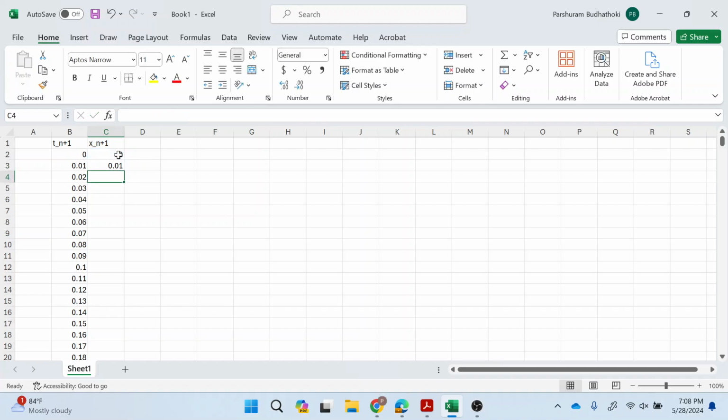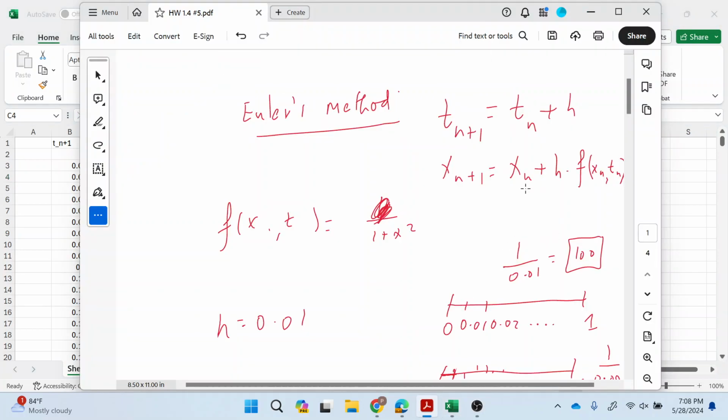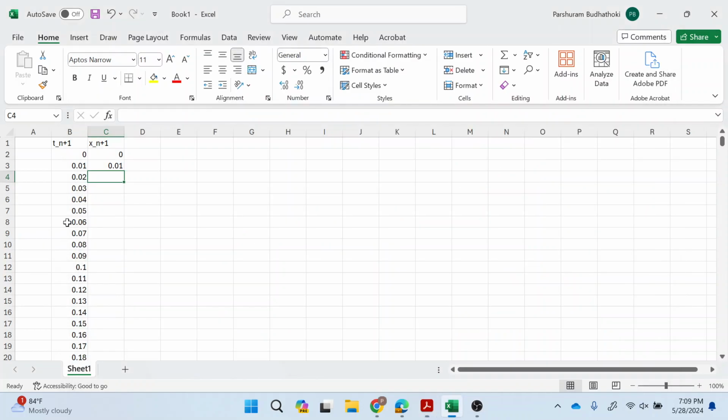Remember, if you look at the formula, it's xn, which is the previous value of x, plus h times the value of the function at x comma t. But what is the value of the function? It's 1 plus x squared. So if you replace this x by xn, which means the previous value of x, that's what I did here. I just used that formula.